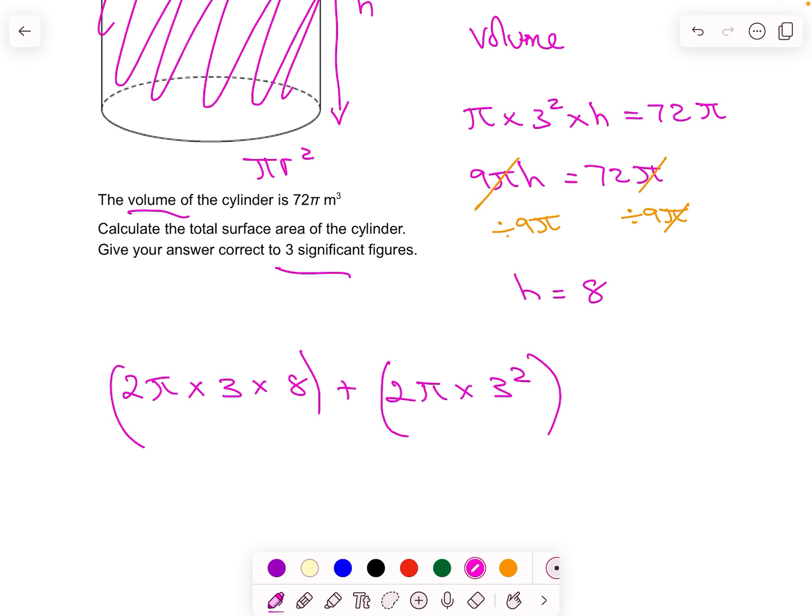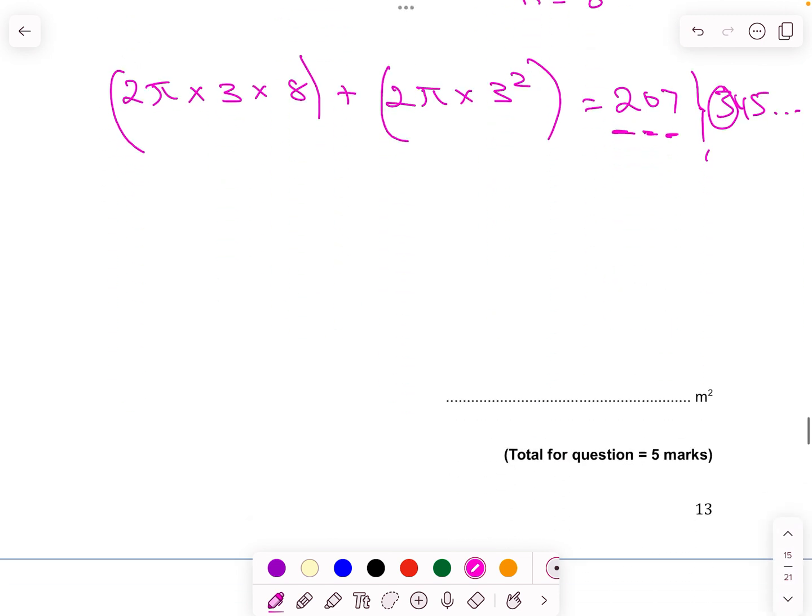So 2 pi times 3 times 8 plus 2 pi times 3 squared, and that gives you 207.345... But it only said 3 significant figures, so we cut it off here. The next number is less than 5, so we leave it as it is, so it's 207 meters squared.